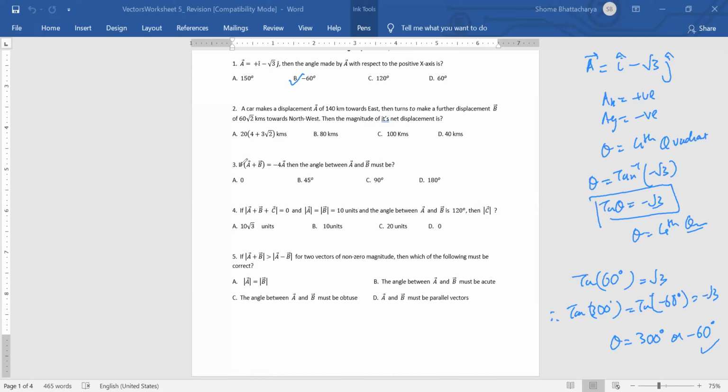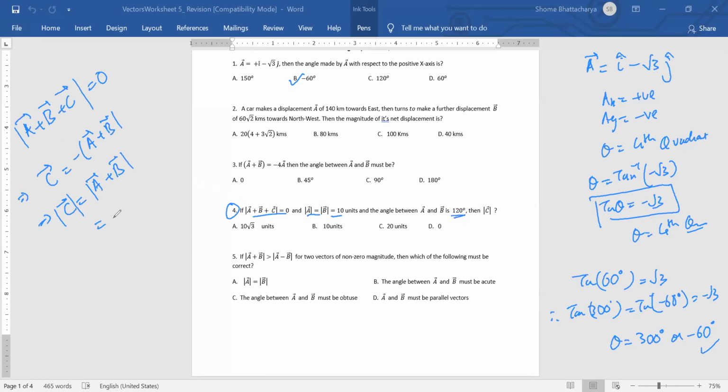Okay, now let's come to the fourth question. So in this you have this statement. This is pretty standard. Mod of A plus B plus C is 0, that means C is minus of A plus B. That means mod C is equal to mod of A plus B. And the angle is given as 120.